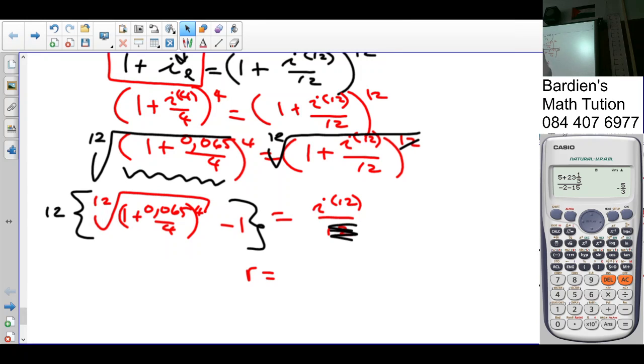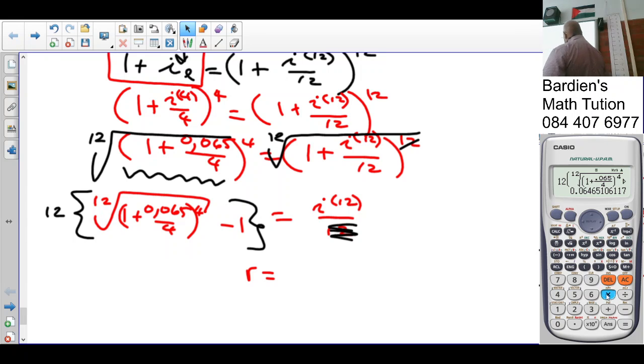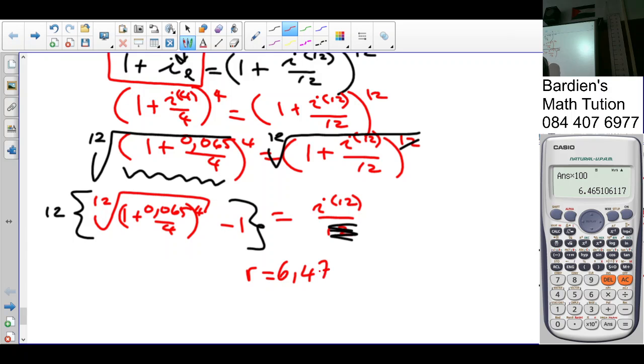So we say 12 open brackets, the 12th root of (1 plus 0.065 over 4) to the exponent 4, minus 1. This gives an answer of 0.0646, times 100, gives us a rate of 6.47.